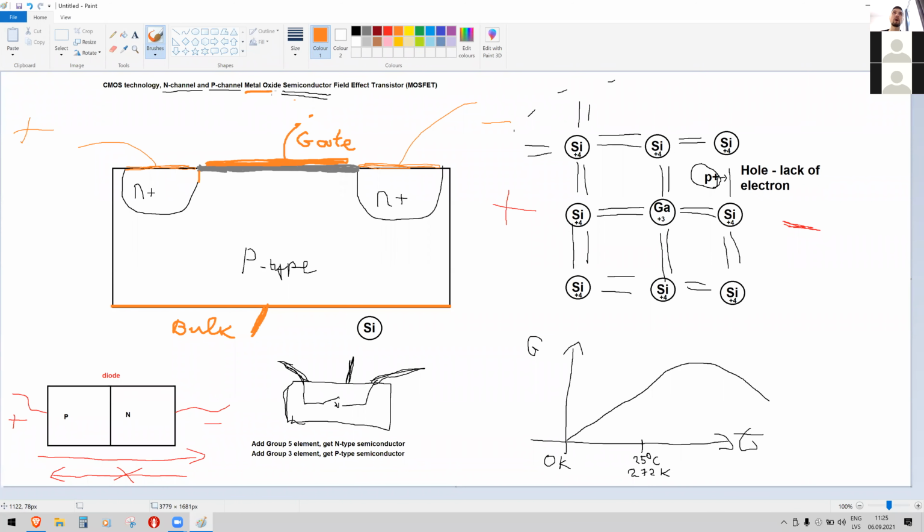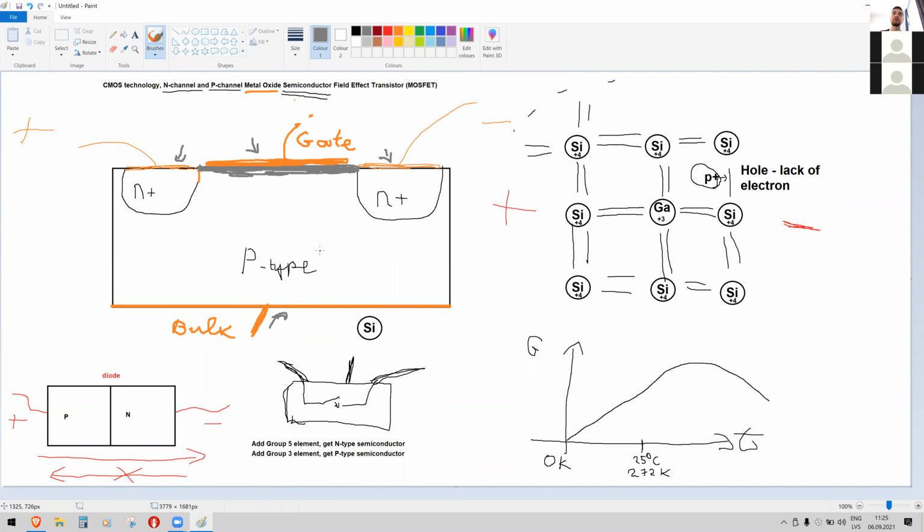Next is metal oxide. So the oxide is the thing that protects the gate from this current that was flowing from one pocket to the other. So this is the oxide. Metal is here, here, and here, and here.